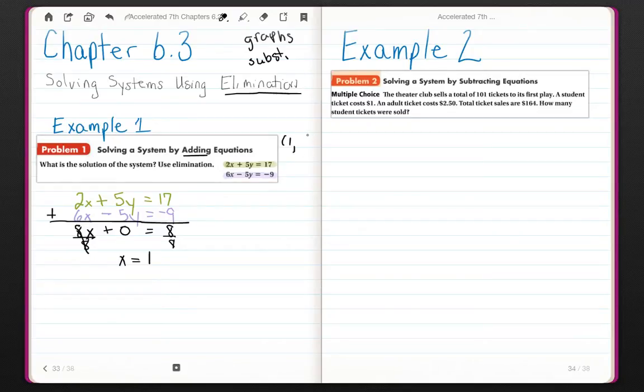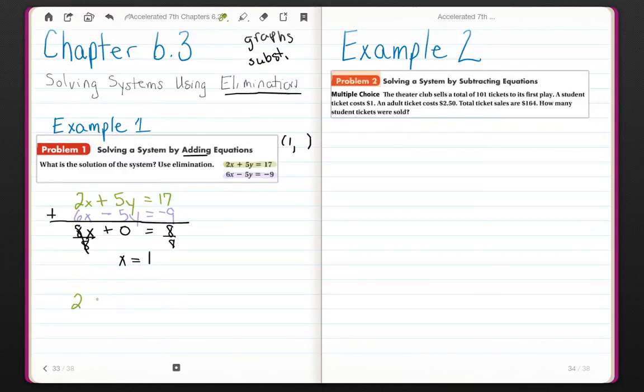Now I know that my answer is going to be an ordered pair because all of my solutions are ordered pairs. So I'm going to go ahead and put the start to my solution over here. Now that I know that x equals 1, I can take that and substitute into one of the other equations. I'm going to go ahead and pick the first one.